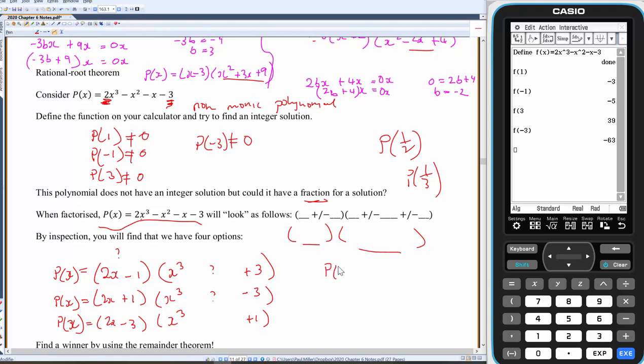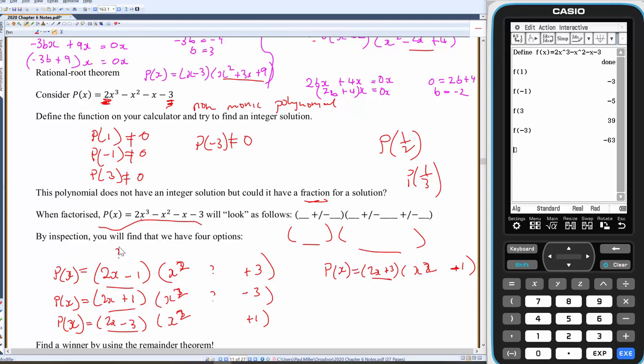And there's one final configuration, which is 2x plus 3, in which case that would be x squared. I'm saying cube there, I don't know why. That should be squared. And this one would be, no, take 1. All right, so it could be that, it could be that, it could be that, and it could be that.